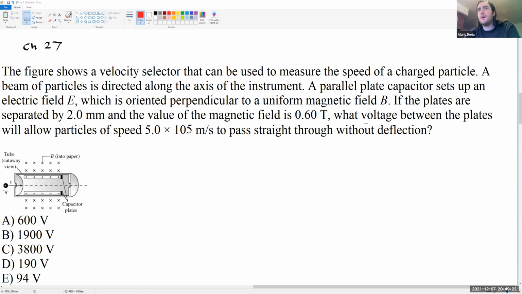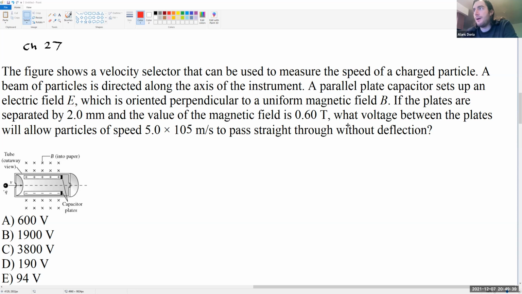All right, we're here with a question out of chapter 27 now. The figure shows a velocity selector that can be used to measure the speed of a charged particle. A beam of particles is directed along the axis of the instrument.